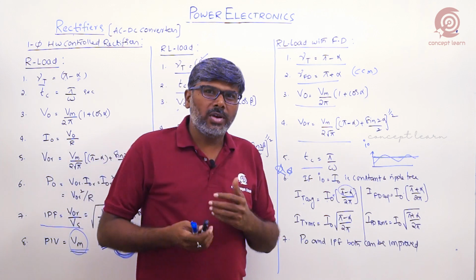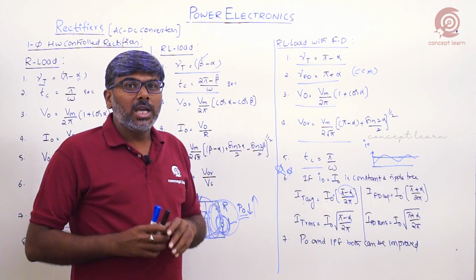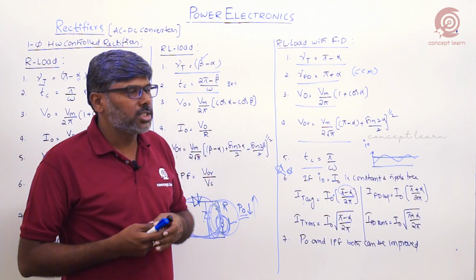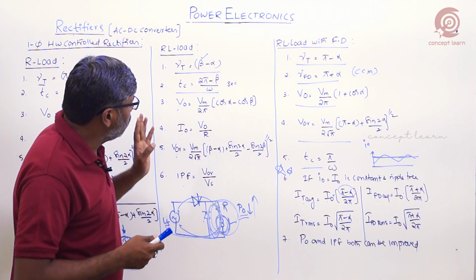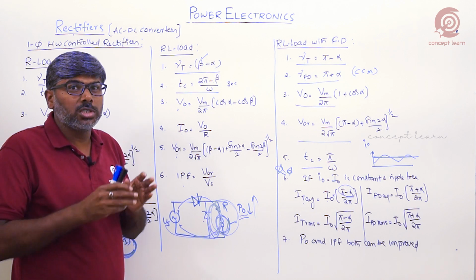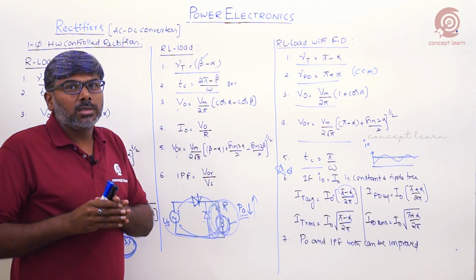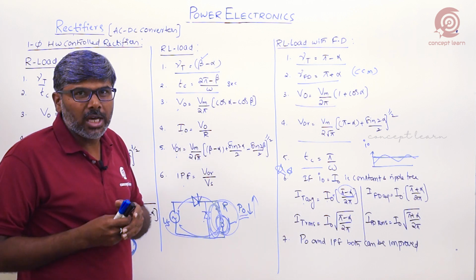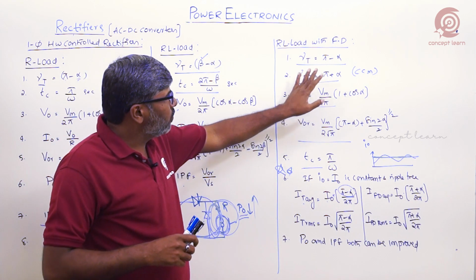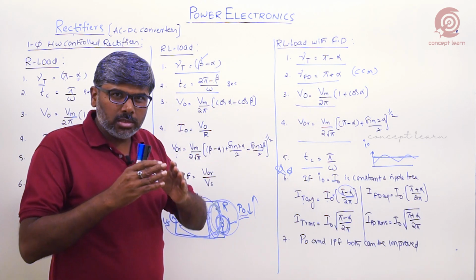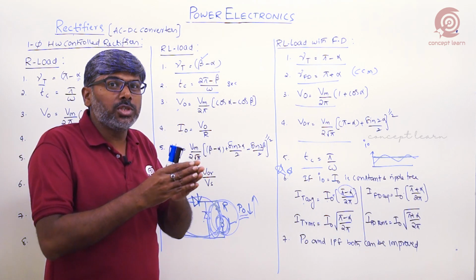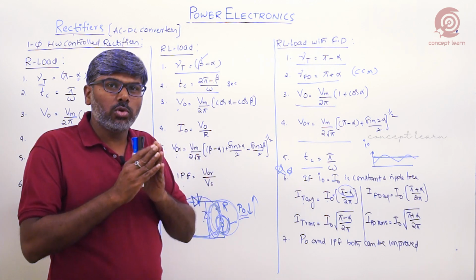One more advantage of this freewheeling diode is that it eliminates the negative half cycle, so negative values in the output voltage. In the case of inductive load without it, we have some negative values in the output voltage, because the device extends its operation up to a certain instant called beta. That is why beta is called the extinction angle. But in the case of RL with freewheeling diode, the output voltage cannot go negative, because the SCR is turned off at omega t equals pi.